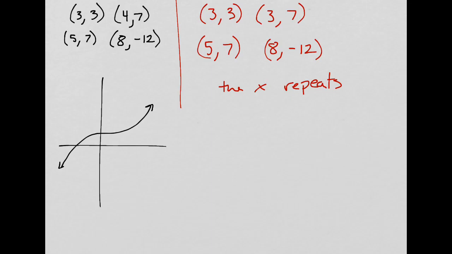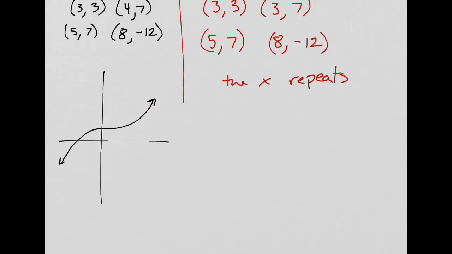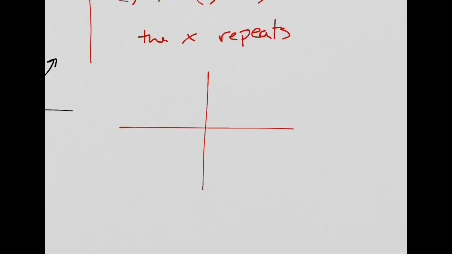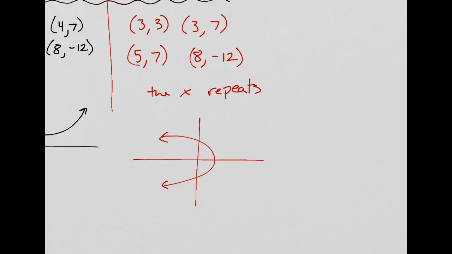So hopefully you remember, the vertical line test says if you can draw a vertical line anywhere on the graph and it only crosses once, so I'm drawing this and it's only crossing once, only crossing once, only crossing once. If you can do that, then what you have is a function. If you can't do that, say you have something like this, if I draw a vertical line and it crosses more than once, then this is not a function.